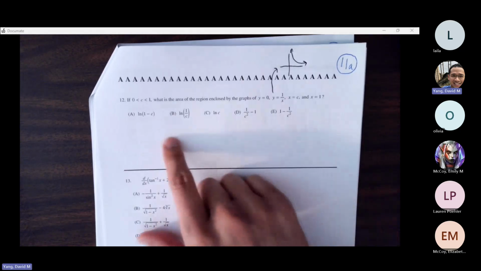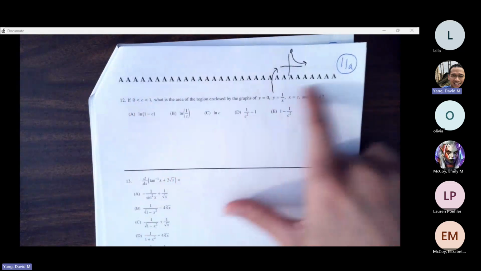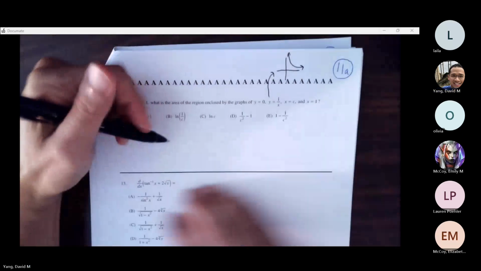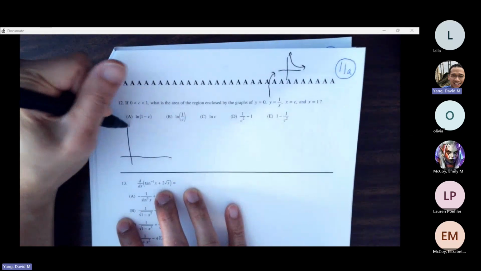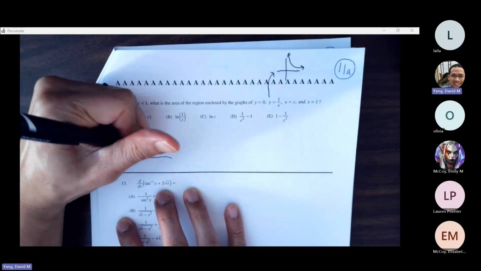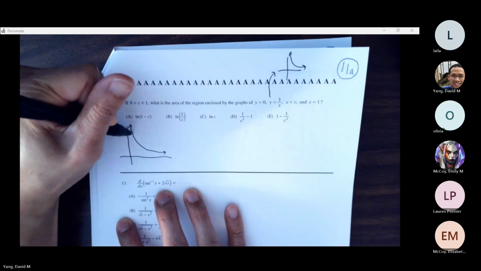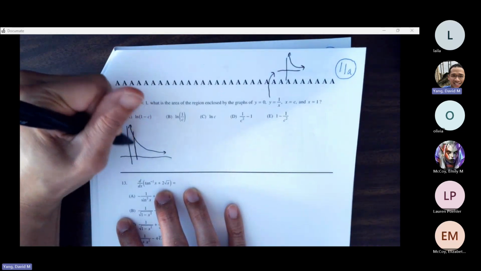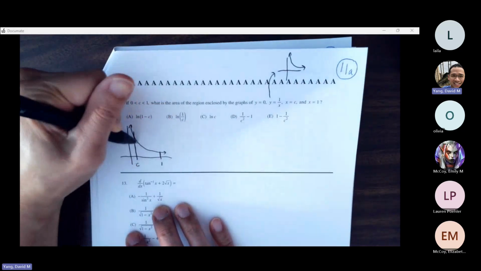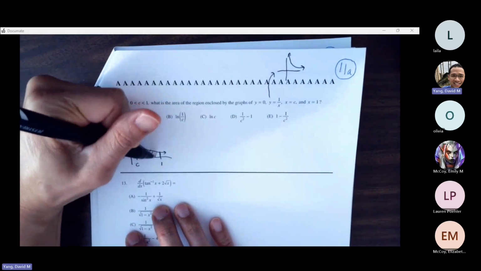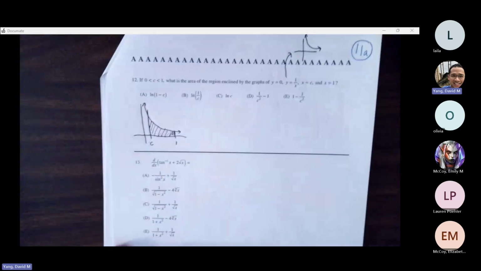We know c is going to be some x value between 0 and 1, so we don't know what that value is, but we can just go ahead and cut something off here and call that c. And then we're going to go to 1 because that's the right endpoint. And we know we're above the x-axis and below the curve.